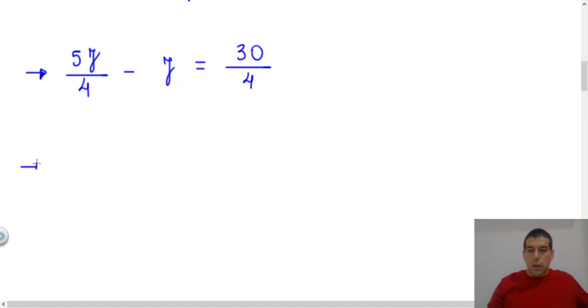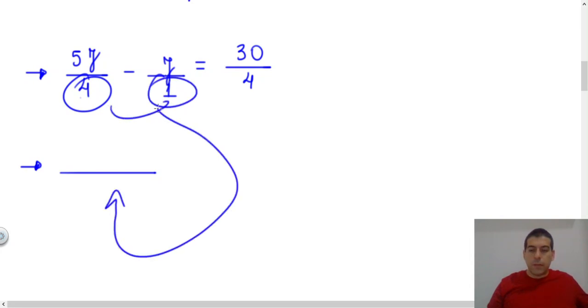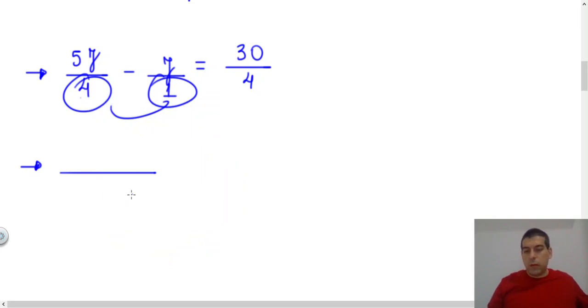Then, if I think of this J as J divided by 1, I can join those two fractions in just one fraction, with the denominator being the LCM of 4 and 1. And the least common multiple of 4 and 1 will be 4 itself.